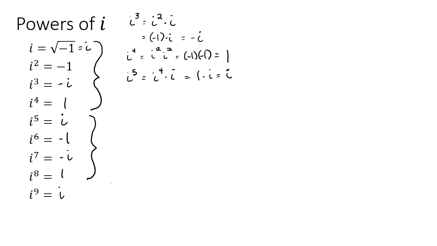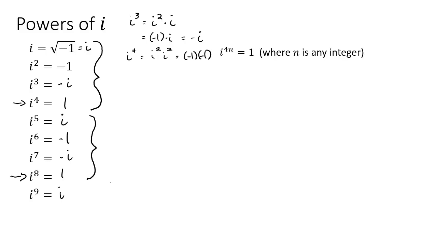And so what you'll notice is that anytime you have an exponent that is a multiple of 4, it ends up simplifying to just +1. So that's our first result here. i to the 4n is equal to 1, where n is any integer. So that's just a mathematical way of saying that if you take i and you raise it to a multiple of 4, you just get +1.